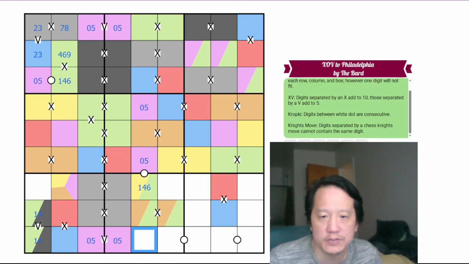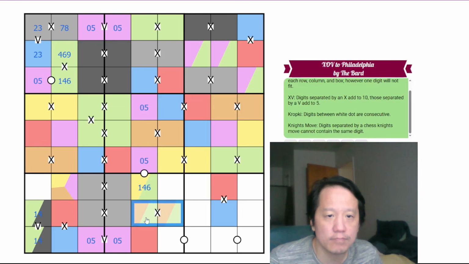So red has to be here. We have to have a yellow somewhere in column 5. So this has to be the yellow one.